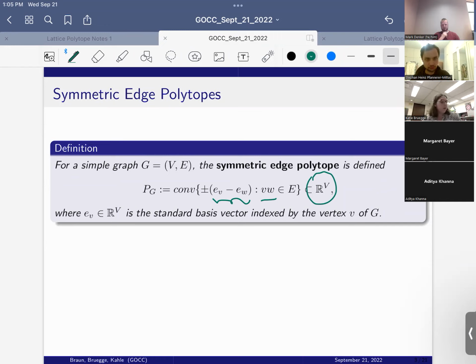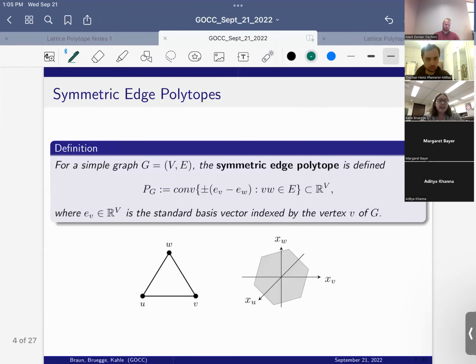As an example of this, it's kind of weird to see from just the definition. If we took the graph that is just the complete graph on 3 vertices, this polytope is going to live in R^3. We end up with this hexagon where our vertices are, here is our e_u minus e_v coming from this edge, and our e_v minus e_u coming from the same edge.